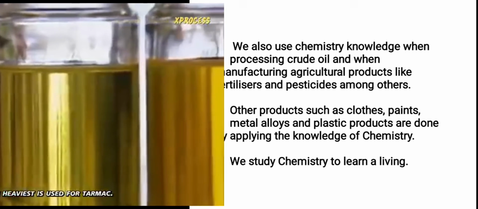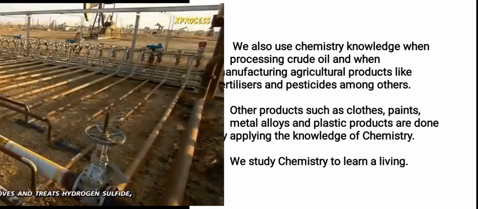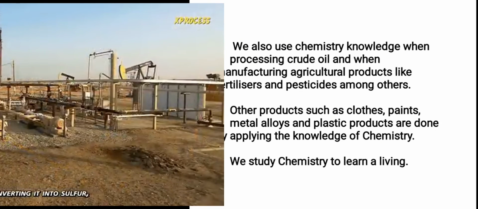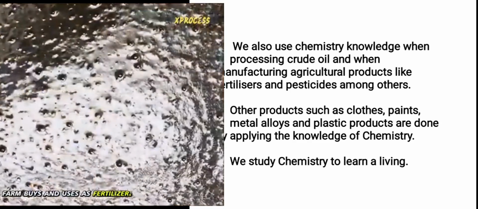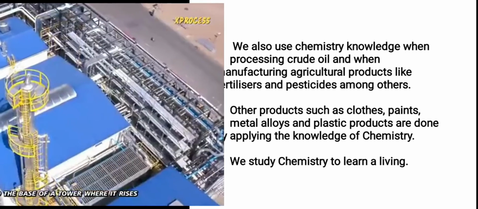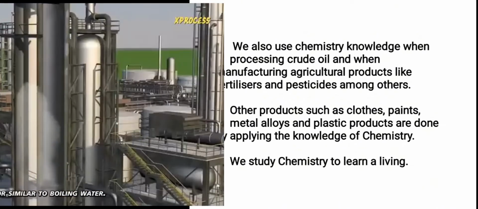Like out of crude oil, we get gas, we get glue, we get petrol, kerosene, diesel, engine oil, tarmac, candle wax, we get so many things. All these things we get from crude oil.